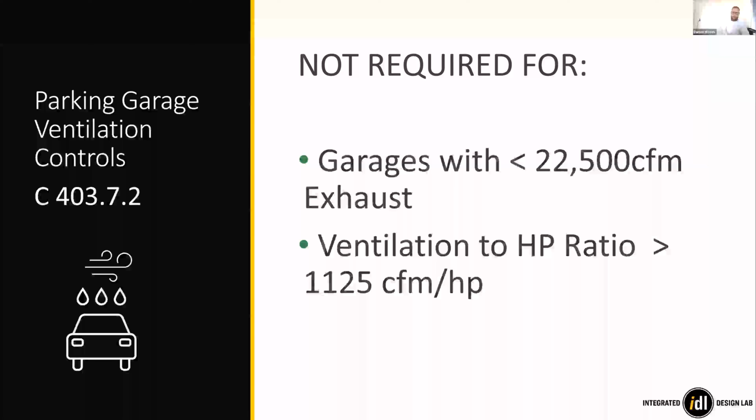And there's another exception: if your ventilation to horsepower ratio for your exhaust fans is greater than 1125 CFM per horsepower. What these require you to do is to not choke on car exhaust fumes, but to just have the fans shut off when they're not needed.